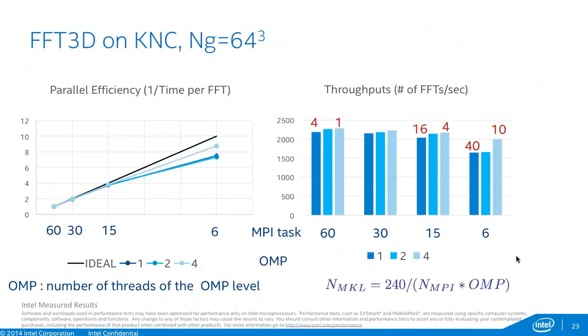Yes, there will be a penalty when you use many threads for FFT. However, that means that you are going to be able to solve the problem faster, so you can use many more nodes. So that's good. And the throughput is pretty much insensitive to whatever combination you use.